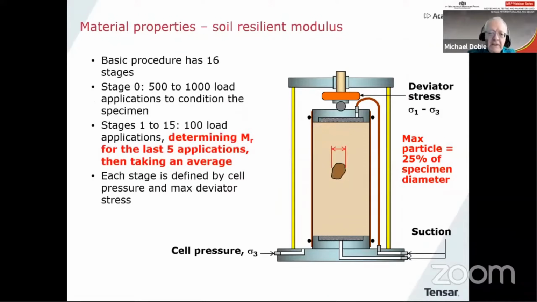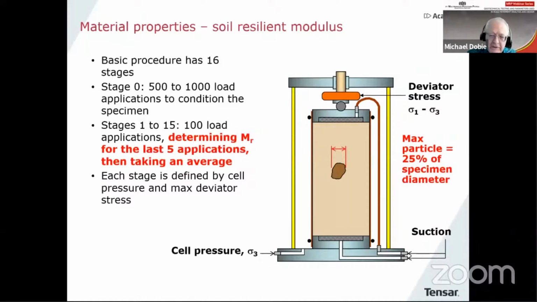Now, the basic test is done in 16 stages. So there's an initial stage of between 500 and 1,000 load applications, which is to condition the specimen, to kind of, if you like, to do that initial rearrangement of particles to get it into something closer to its long-term state. Then once that's been done, we have 15 stages, and each of these stages has 100 load applications.